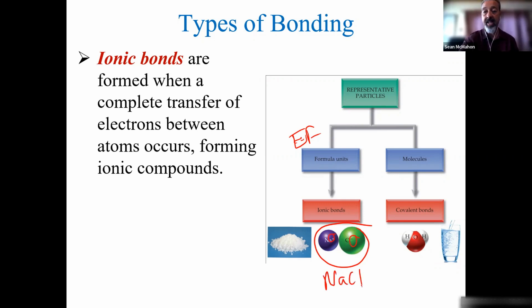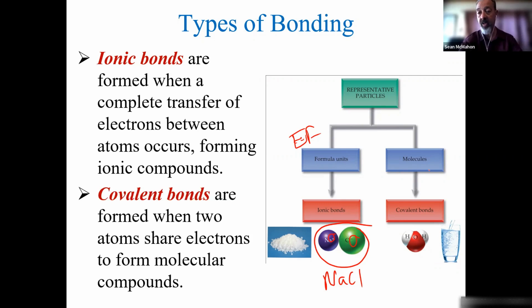With molecular compounds or covalent compounds, we actually have individual molecules. So they have covalent bonds. There's no charges. There's not a complete electron transfer. There's sharing, right? And it's non-metal with non-metal.